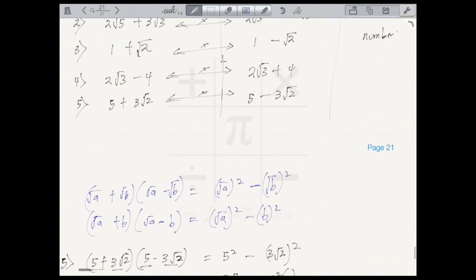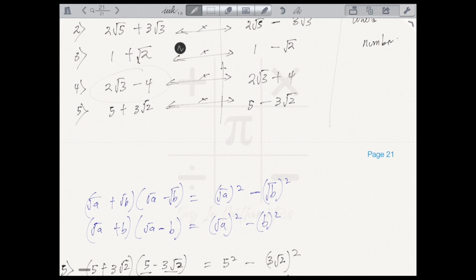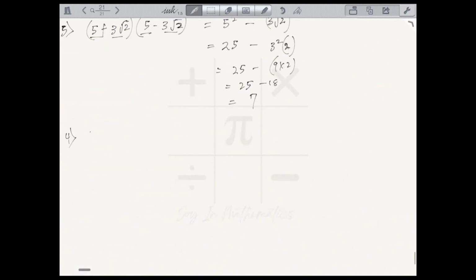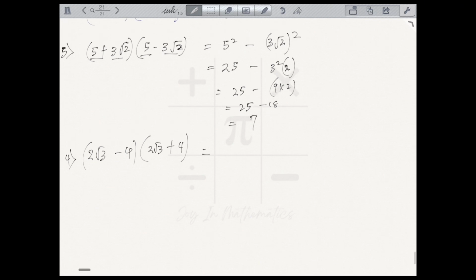Likewise, let's go a bit backwards. I have 2 root 3 minus 4. Now we know the conjugate of this is 2 root 3 plus 4. Now to multiply these two together, we take the square of this, that's 2 root 3, and we subtract the square of 4 from it.